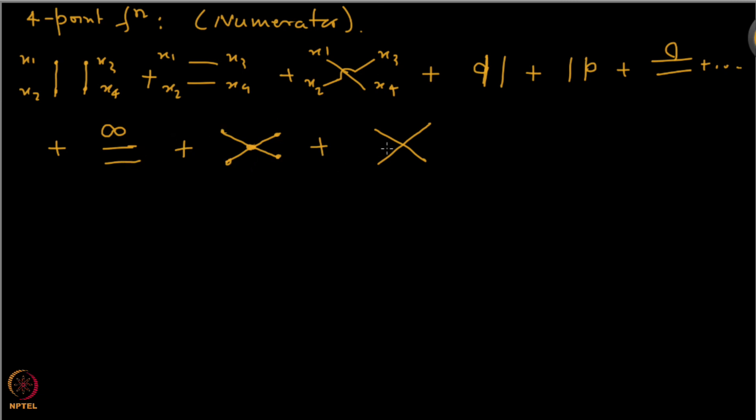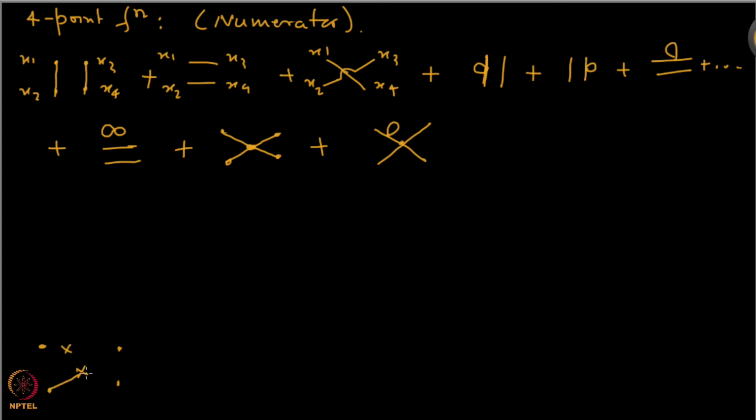Now I am looking at order lambda squared. This is order lambda, there is one vertex, this is order lambda, one vertex, but I can put a correction here. Attach a vertex like this. So this is an order lambda squared diagram. You see how you get this one, right? You get it by doing the following. You have external points here, here, here, here, then there is a vertex, then there is one more vertex.